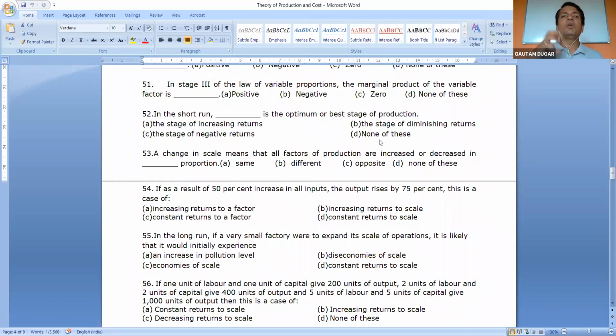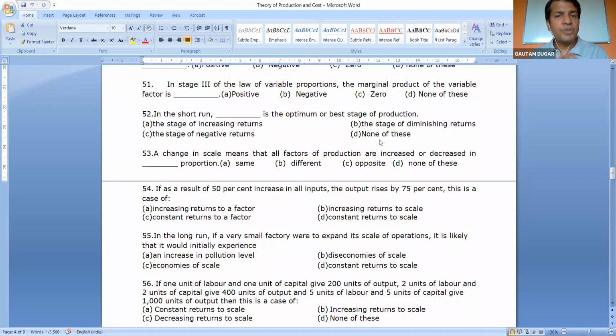One more thing, when do we call it increasing returns, when constant returns, and when diminishing returns? Very simple, three things. If as a result of an increase in inputs, output increases in a greater proportion, then that is called increasing returns. What does that mean? If you've increased all inputs by 20%, listen to these things and you'll be able to answer a lot of questions.